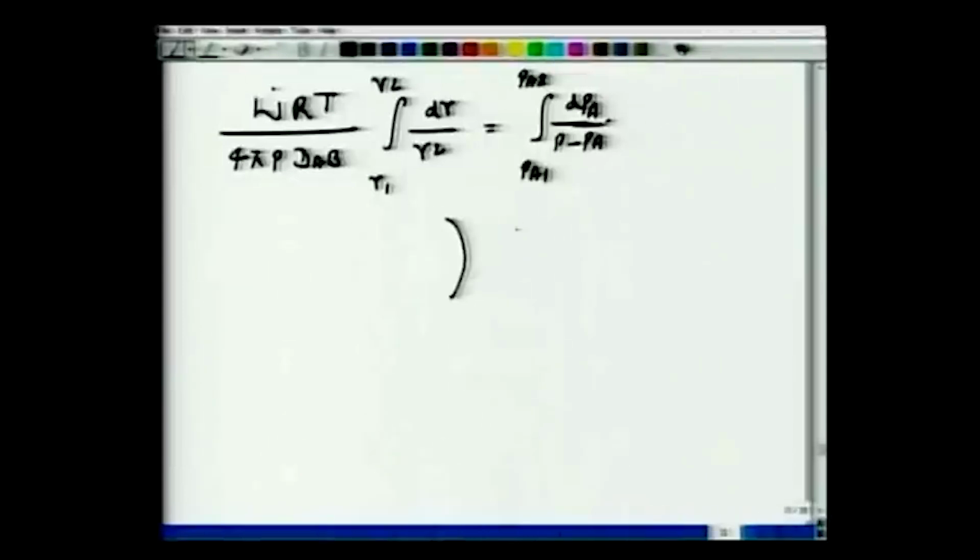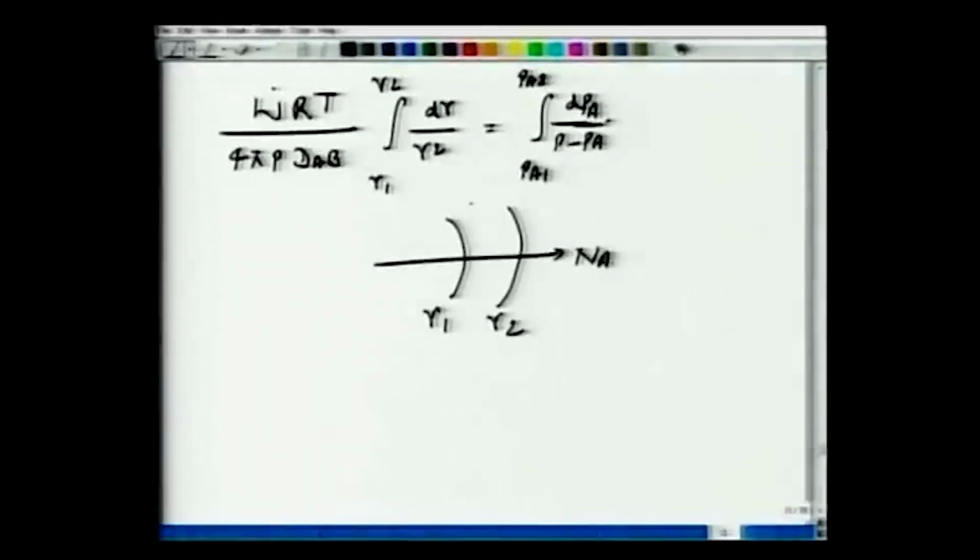By integrating from R1 to R2, at any location r the diffusion area is 4 pi r square, which varies from 4 pi r1 square to 4 pi r2 square, and we have partial pressures PA1 and PA2.